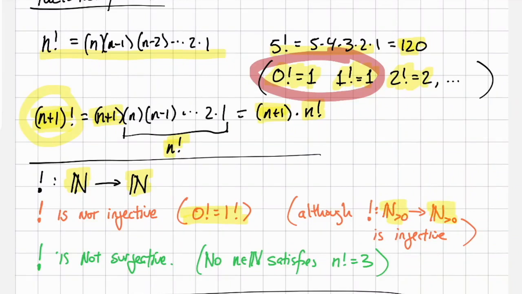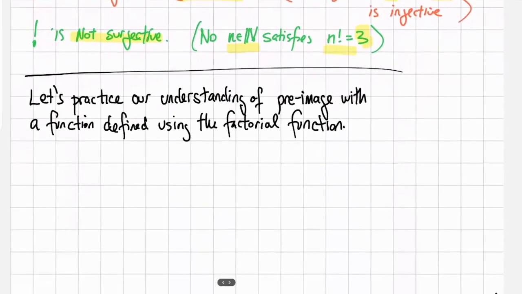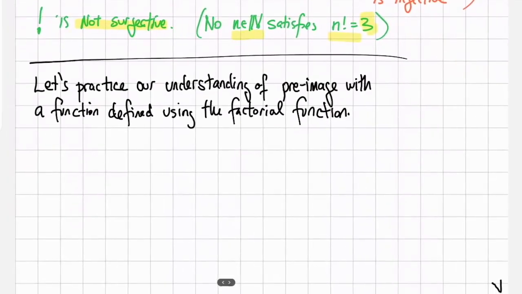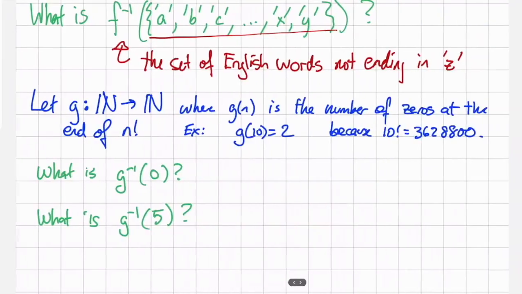It's an increasing function of the inputs, and therefore no two inputs give the same output. At the same time, the factorial function is not surjective because there are elements in the codomain that are not hit. So now let's practice our understanding of the pre-image with a function defined using the factorial function.